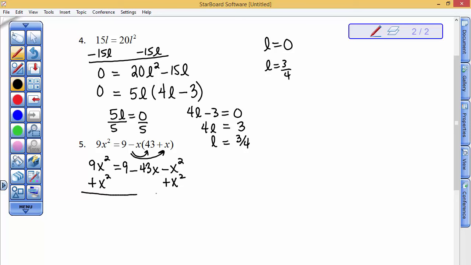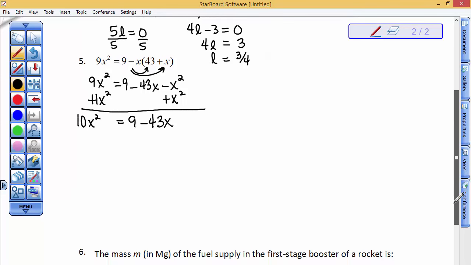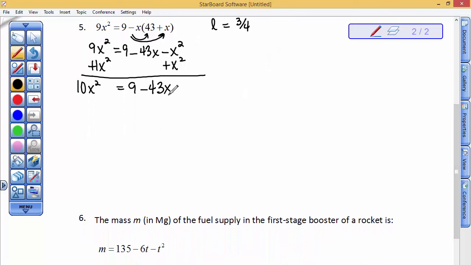So 9x squared and 1x squared is 10x squared. And you see that 9 and that 43x? If you would allow me to transpose that now, so bring the 43x over here, so it will be a positive 43x, and bring the 9 over, it'll be a minus 9 equals 0.